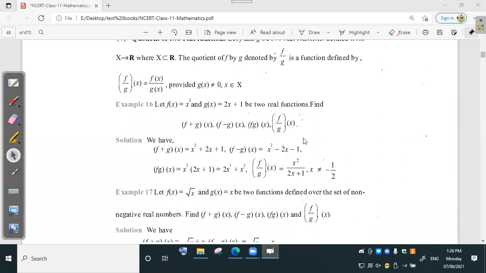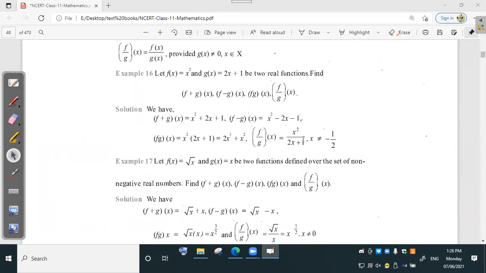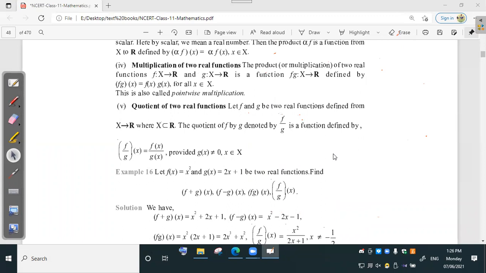So this is the question they have given, a very easy type of question. Sometimes they ask it for 1 mark. It is based on the algebra of real functions. Find (f plus g)(x), where f(x) and g(x) are both given.